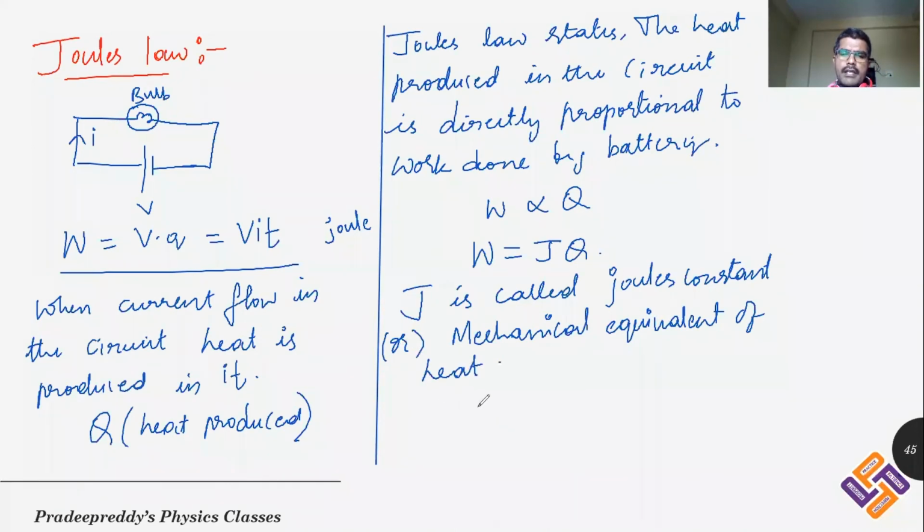And J is equal to W by Q, which is numerically written as 4.18 joule per calorie.